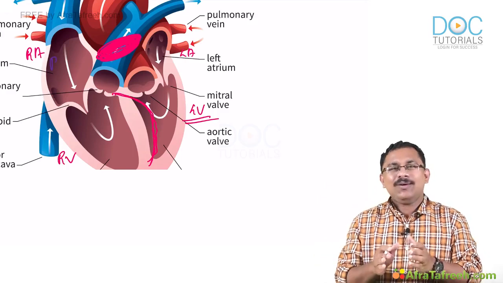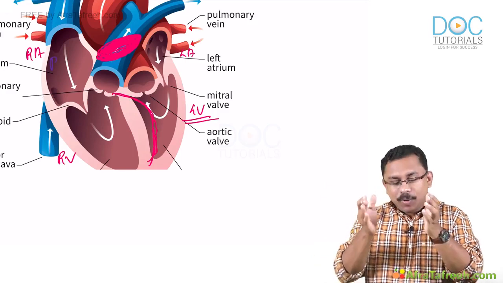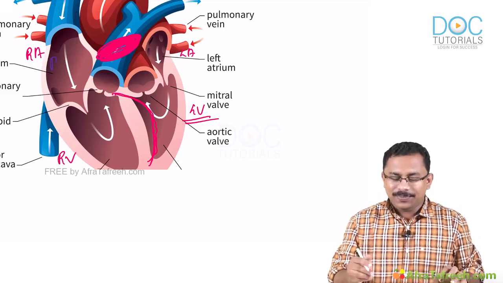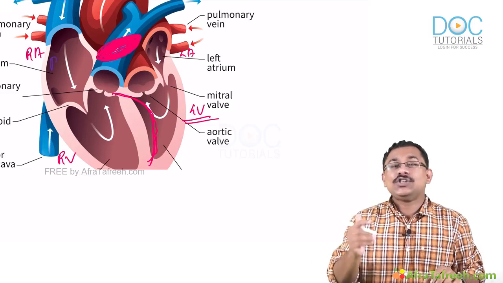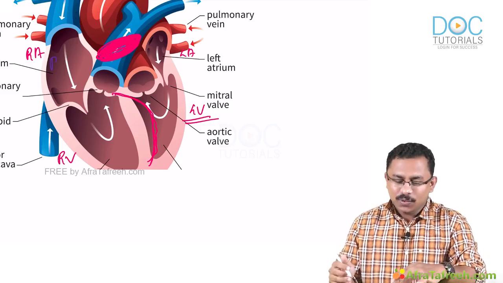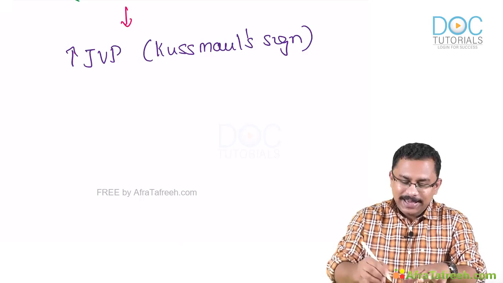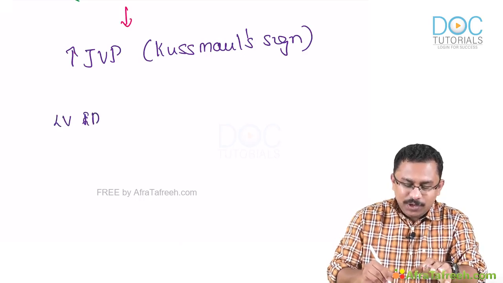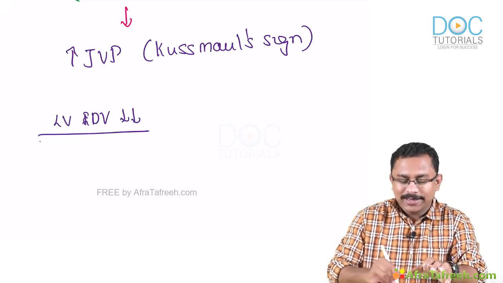So thereby, though the problem is in the right ventricle, the right ventricle is not able to pump, the LV cavity is also decreased. So the LV end diastolic volume is also subsequently decreased.